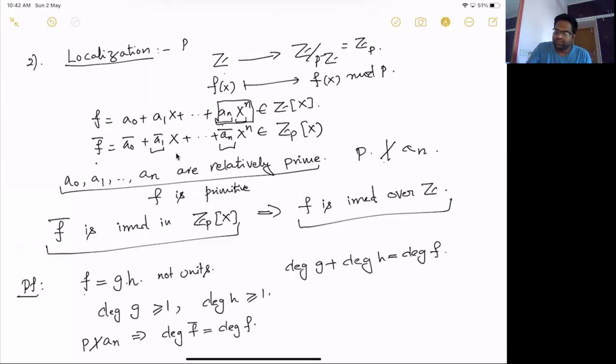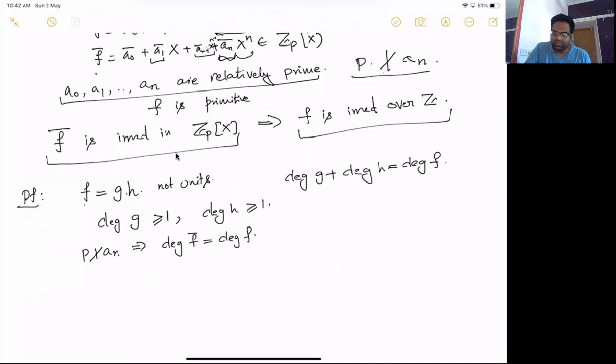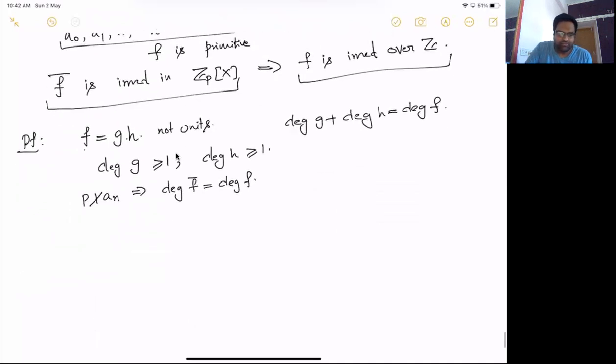That is the reason why we assume that P does not divide AN. If P divides AN, this term will go to 0 and we are left with some AN minus 1 bar xn minus 1, and the degree of F bar would be at most n minus 1. So we make sure that won't happen. So the degree of F bar is equal to the degree of F.